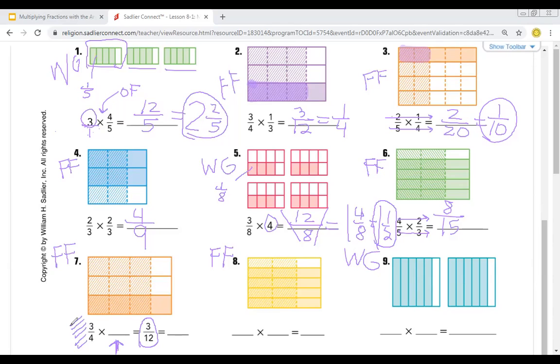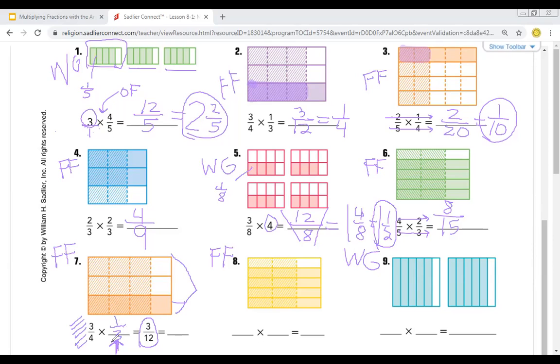And the shaded part, you can see on the other side, 1 out of the 3 sections is solid. So the fraction is 1/3.